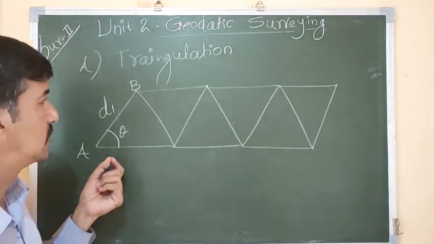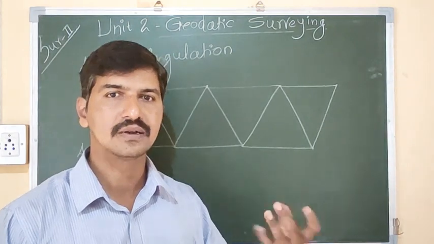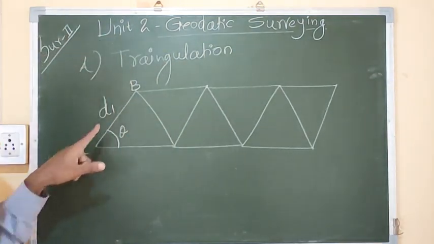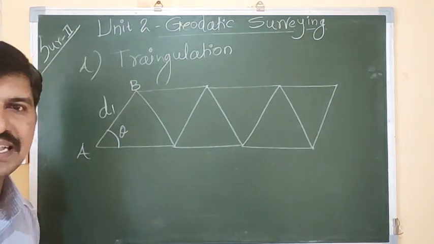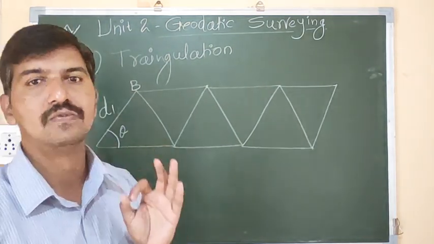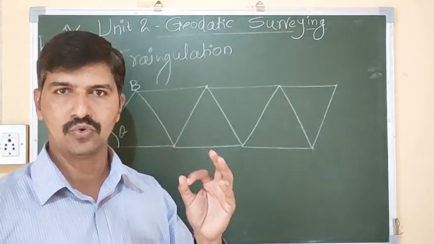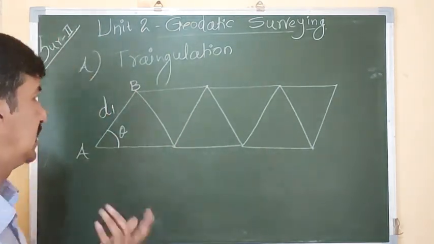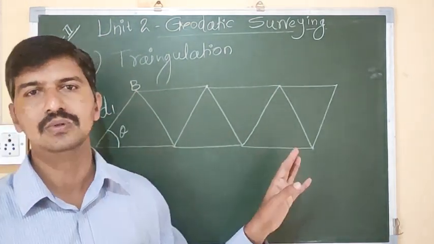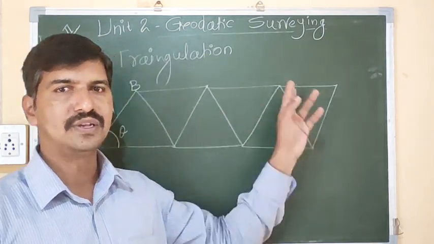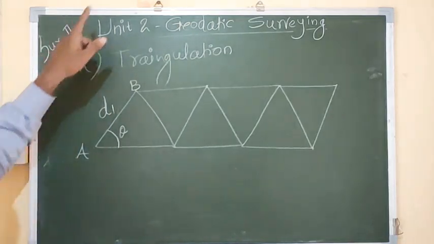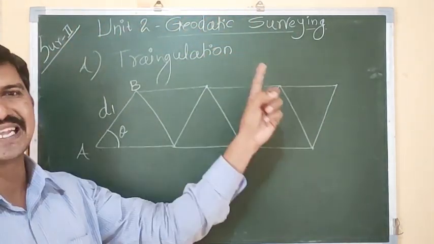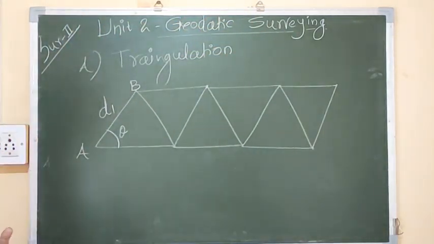Once you have divided the whole area into small and bigger triangles, find out the AB distance and angle A with precise and advanced instruments using a very accurate method, and then by using the sine rule, calculate all the remaining sides. This whole thing is called triangulation.